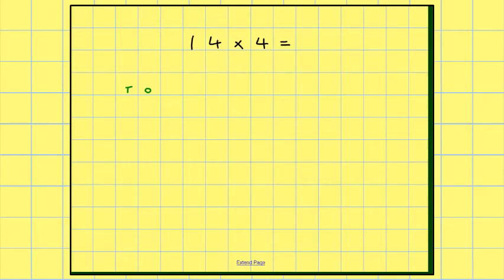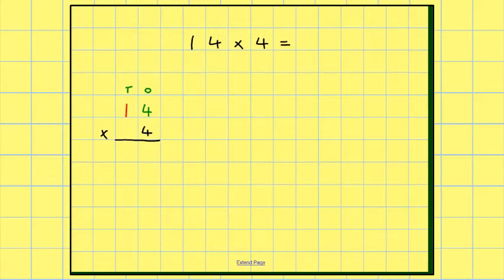So we've got 14. I'm going to choose red for the tens number, green for the ones number, and we're multiplying it by 4. This is going to help us to keep track of what's going on.